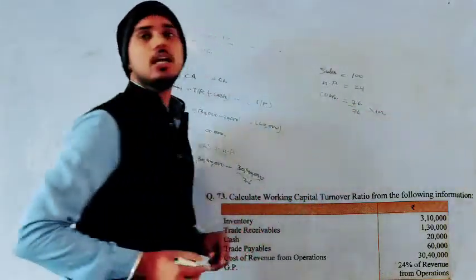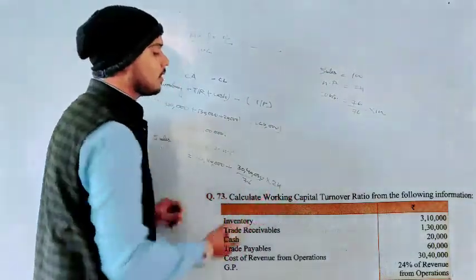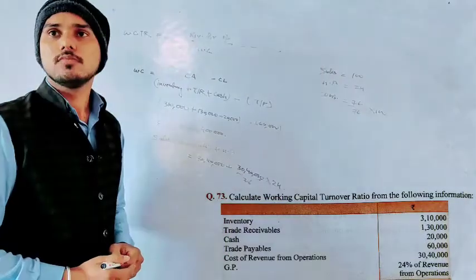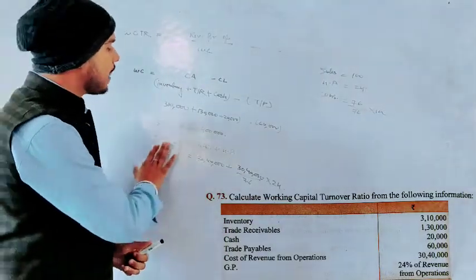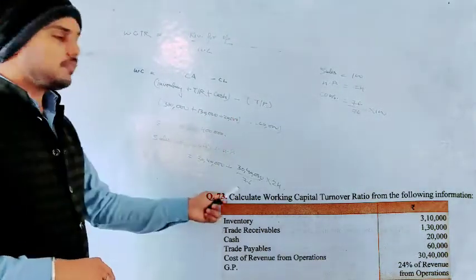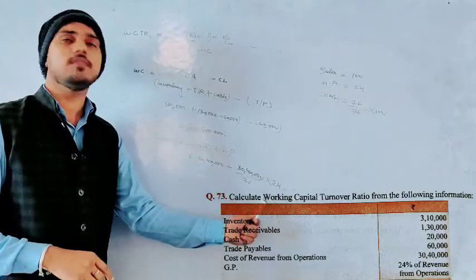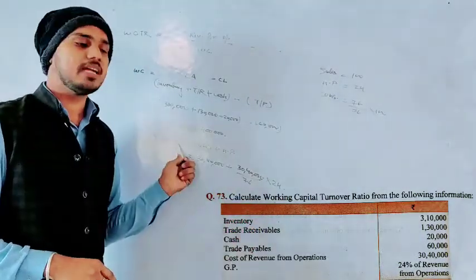That will be your sale. If you want to know the gross profit, you can multiply by 24. So we can directly find our sales, right? And this is one way. Here we know cost, and here we will calculate gross profit. We will add cost plus gross profit, we will get sales.